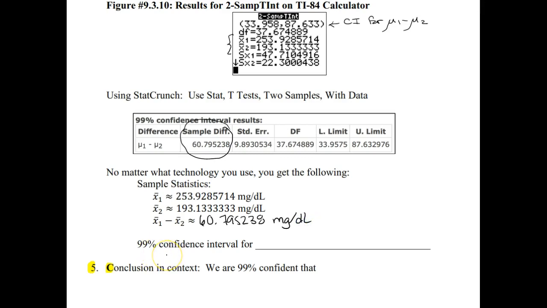And so our 99% confidence interval for our parameter, mu1 minus mu2, is: one endpoint, if we round off, about 33.96, and our upper endpoint, if we round off, is about 87.63.